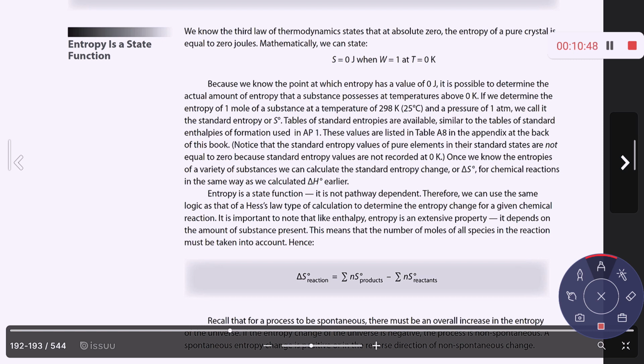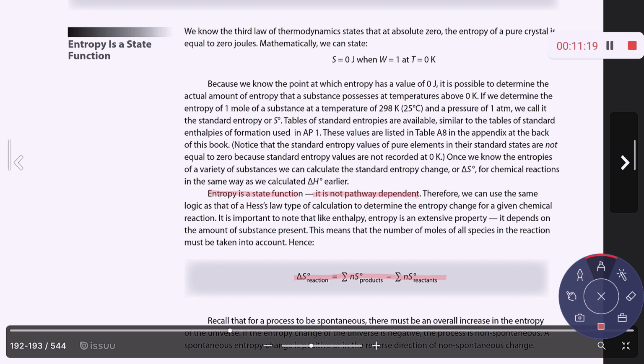So entropy is a state function, which means it is not dependent on the path. You should definitely know that. I have definitely seen that in questions on an AP exam. And so what this means is you can use a calculation that's sort of like Hess's law to determine the entropy change of the reaction. So this means that you would take the sum of the standard entropies of the products, minus the sum of the standard entropies of the reactants.